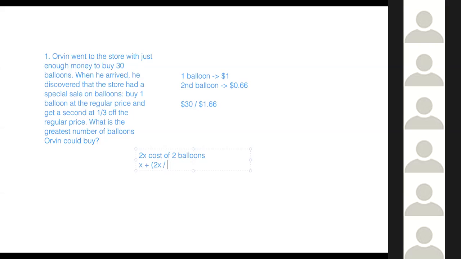So after this discount, it's 5X over 3 is the cost of 2 balloons. To avoid the fractions, we can multiply these by 3. So then 6X is the cost of 6 balloons. And if we multiply the other one by 6, we get 5X is the cost of 6 balloons.